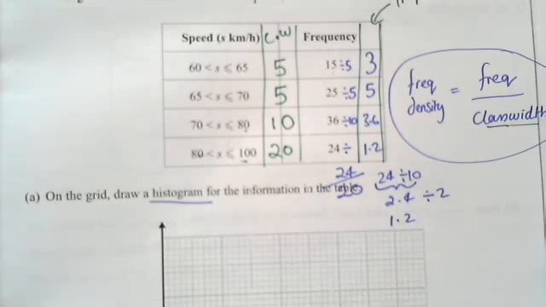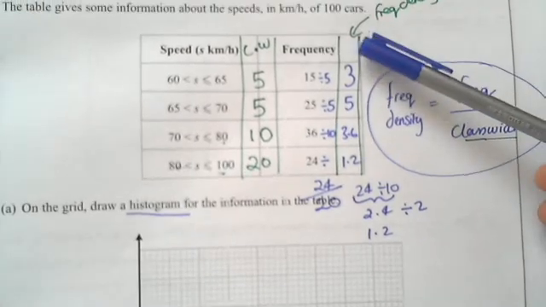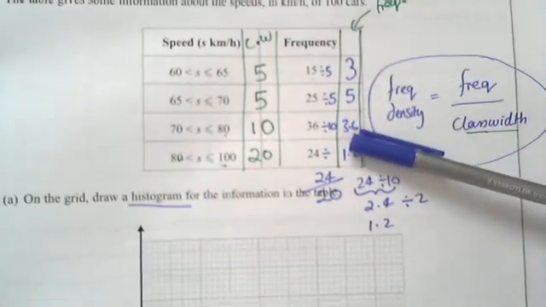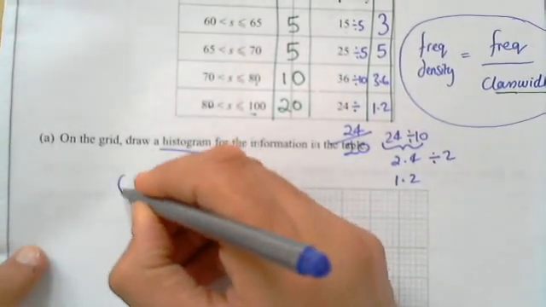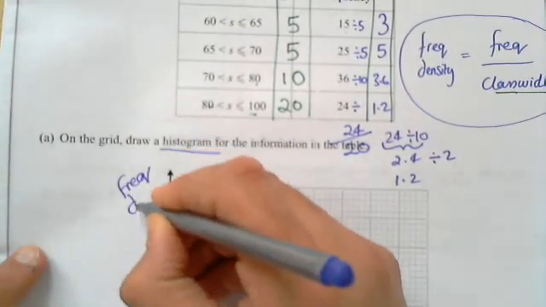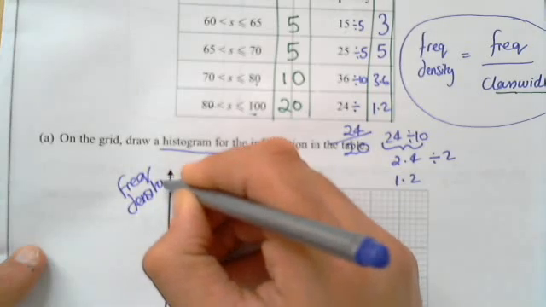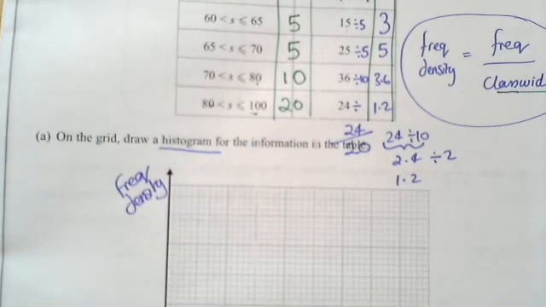That's the same as dividing by 20. Now this frequency density will be our vertical scale along here. Frequency density.